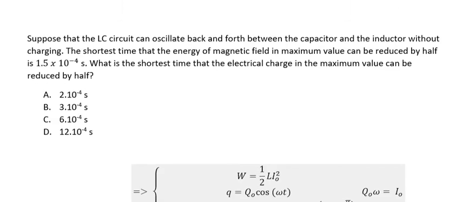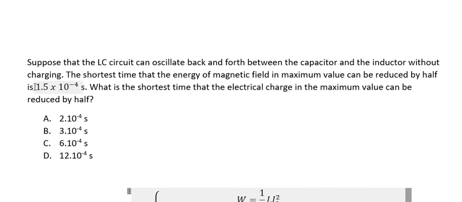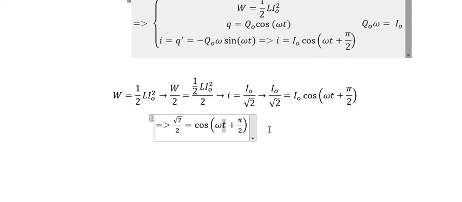Now we know that the shortest time is 1.5 multiplied by 10 to the power of -4. So we put this number in place of t. We calculate the omega.